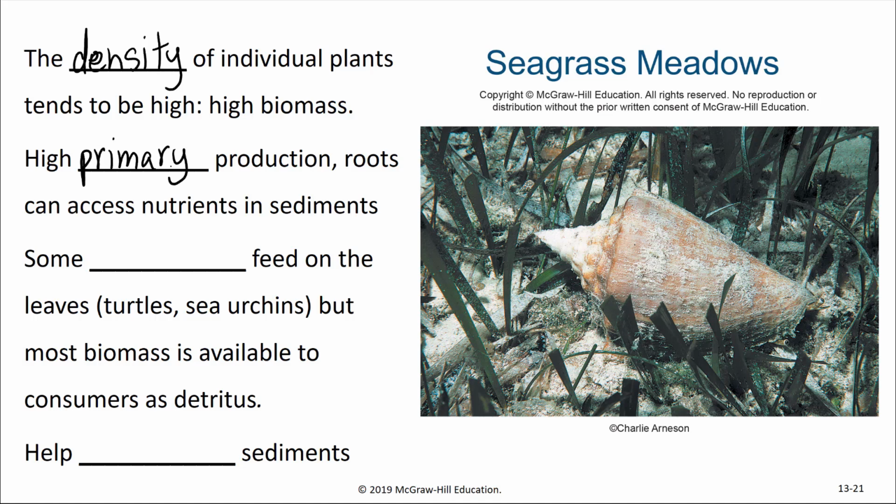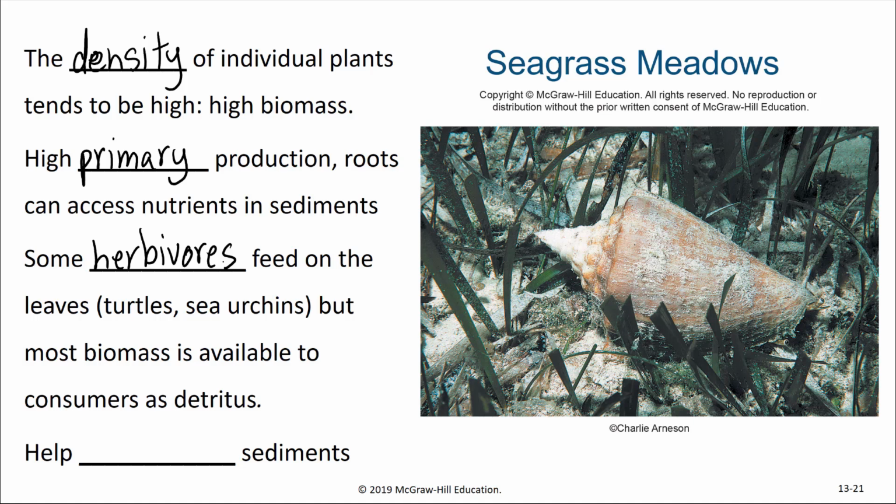And unlike seaweeds, they can actually get nutrients using their roots, often acquiring things that had otherwise been lost in the sediments. Some herbivores do feed on the leaves, such as turtles and sea urchins, but most biomass becomes available to consumers as detritus.